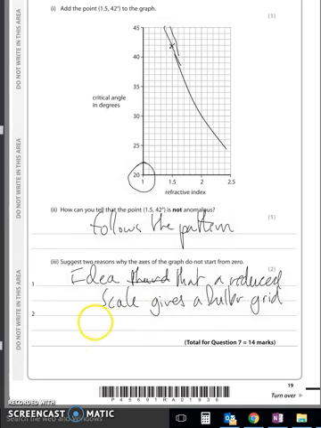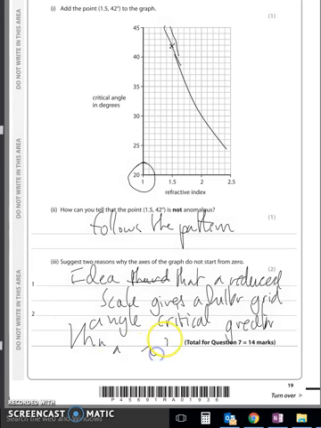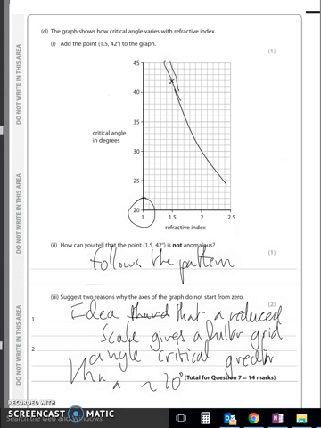The really good one for the second mark could be the critical angle. They've just done it in a weird way, greater than about 20. So here they're looking for how the critical angle varies with the refractive index.